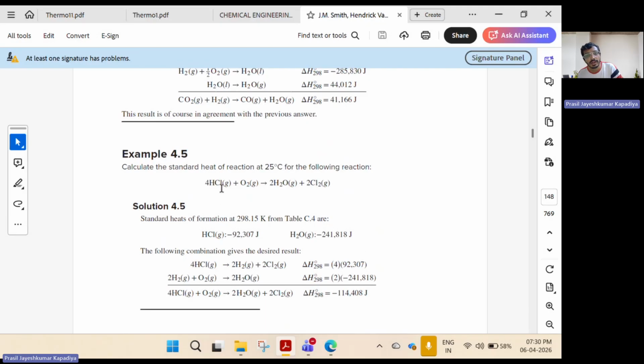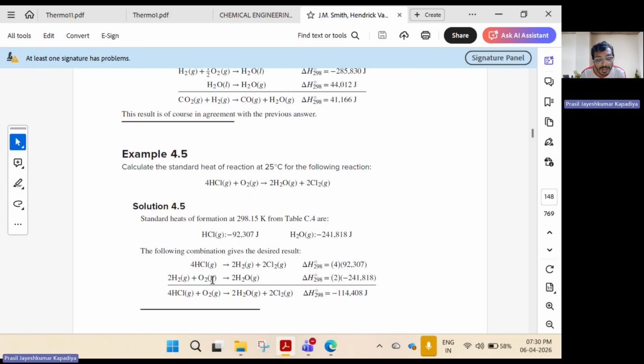Okay, so how do we write this reaction? 4HCl plus O2 giving 2H2O plus 2Cl2. We have 4HCl, so we need to multiply this number by 4. And for this, 2H2 plus O2 giving 2H2O.